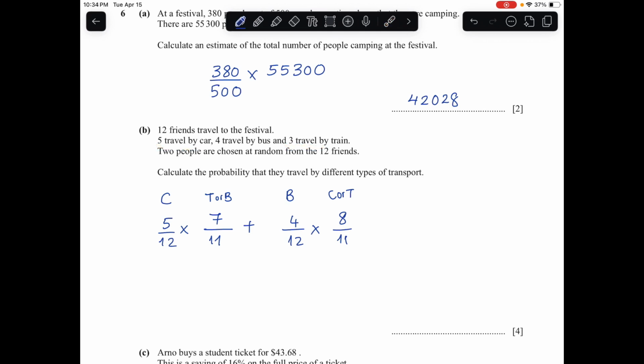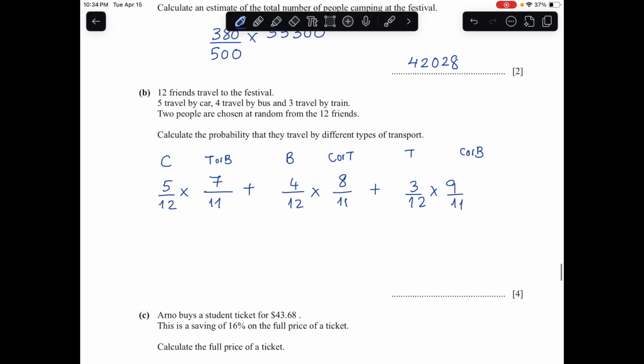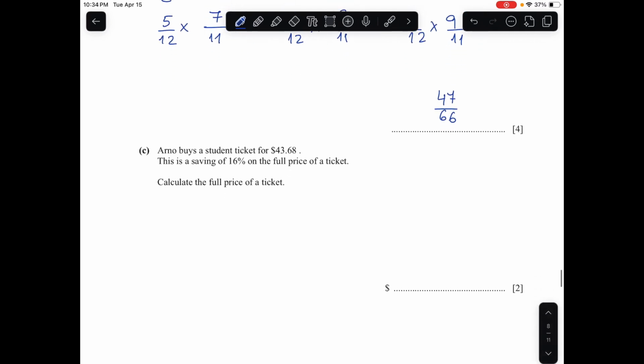Or you might have guessed the next one. If we finished, let's say, by train, the next one would be car or bus. So by train, it would be 3 out of 12 times 9 out of 11. So this works out to be 47 out of 66.